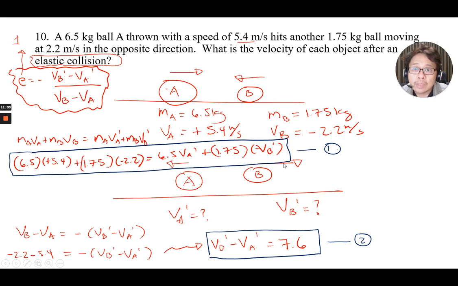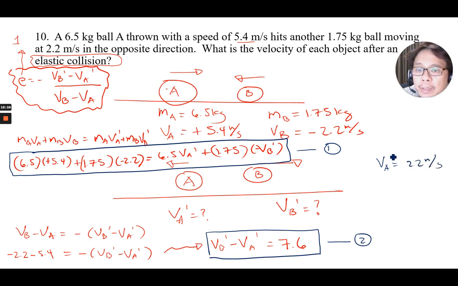So let us do the calculations shortcut now using our calculators. Using programmable calculators, you would be able to solve for VA prime and VB prime. The values that you will get would be, for VA, you're going to get 2.2 meters per second.